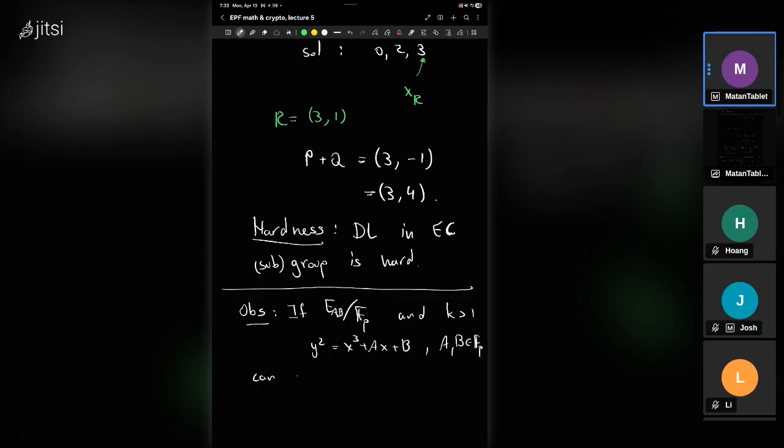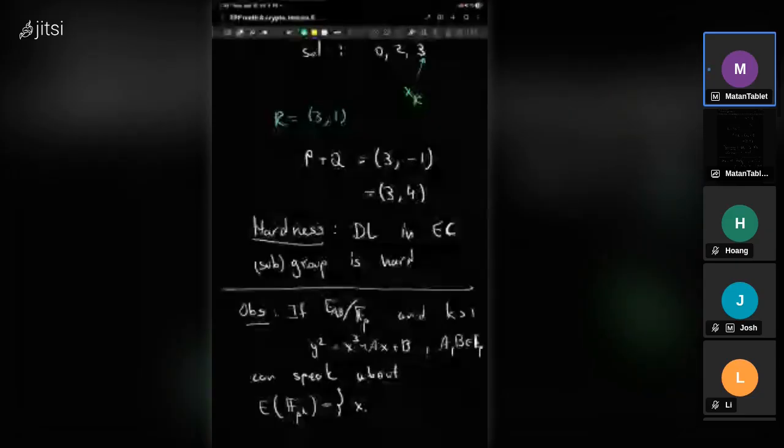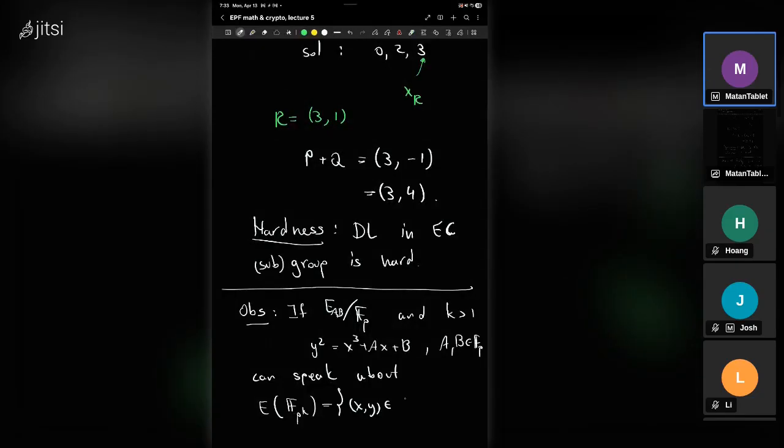I can speak about the points of E over some extension of the original prime field. What is it? Well, it's the same. It's like the (x, y), but now they live in the extension.